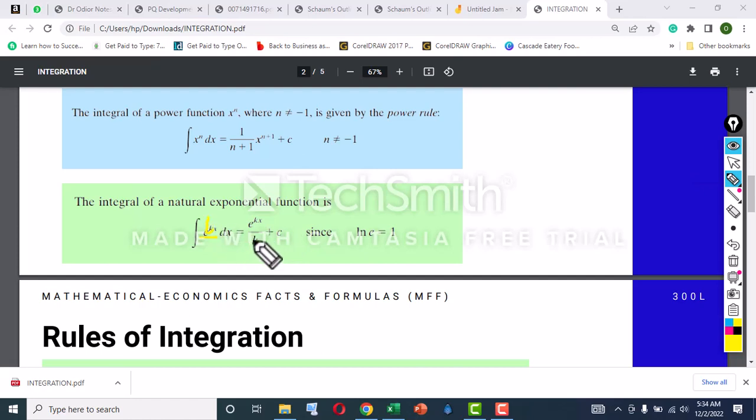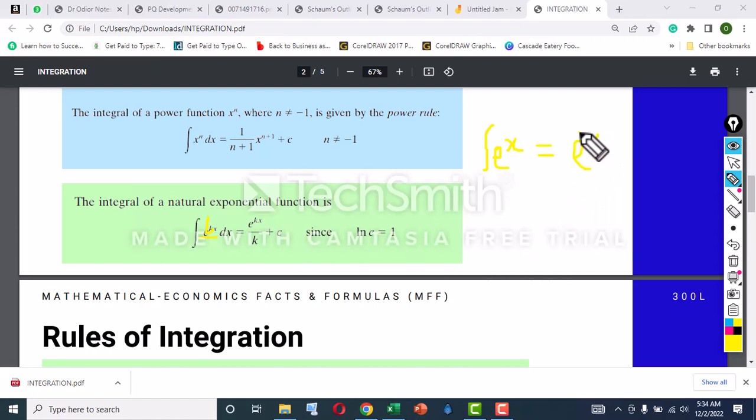That is it. When you are integrating e raised to power x, the integration of e raised to power x is still e raised to power x. This does not change. The same way, if you remember your law of differentiation, when you are differentiating e raised to power x, it still remains as e raised to power x.